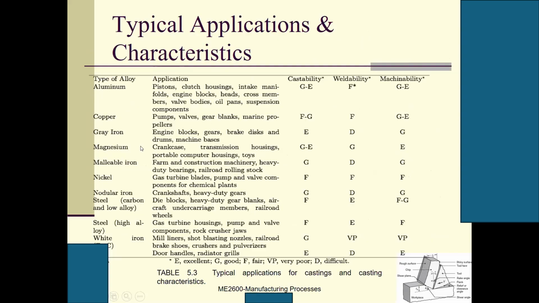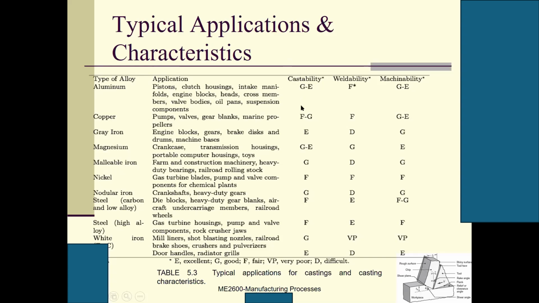Typical applications and the characteristics. Type of alloy: aluminum, copper, gray iron, magnesium, malleable iron, nickel, nodular iron, steel, white iron, and zinc. They have these different applications here.